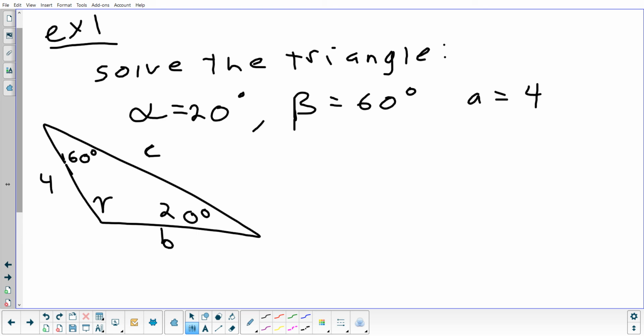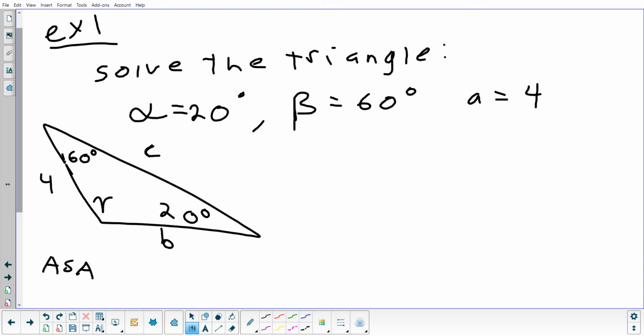ASA? To be ASA, that means you have to know two angles and the side that's between them. What side is between the two angles that we know? C. Yeah, do we know C? No. So this is not an ASA then.